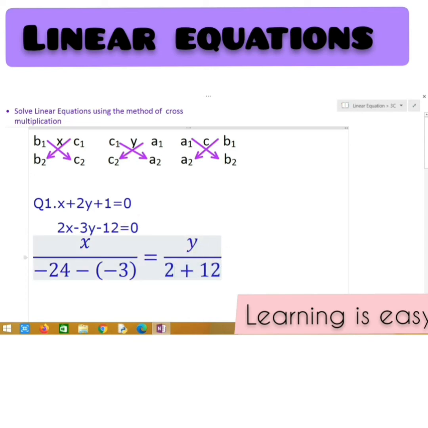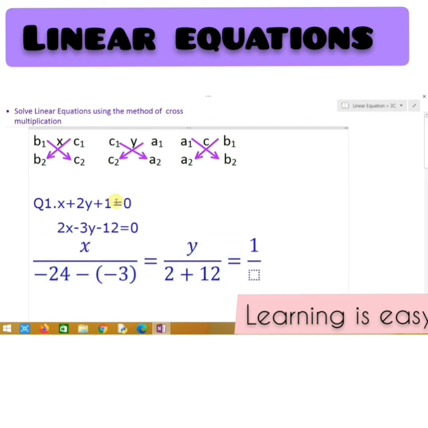And for the constant, we are going to write 1 by involving the coefficients of x and y, that's a and b. 1 by a1 into b2 minus b1 into a2. So that's minus 3 minus 4.